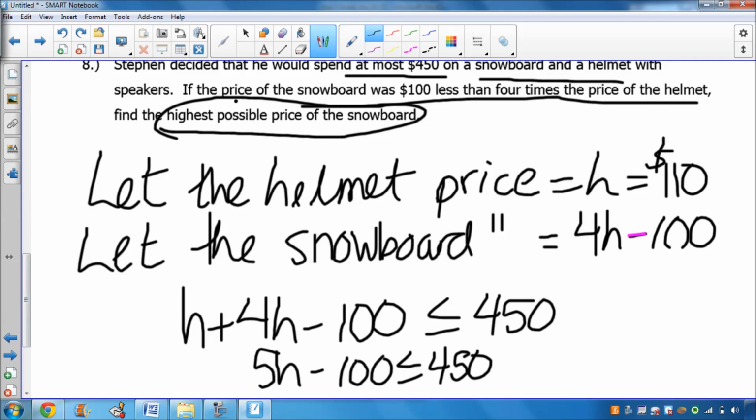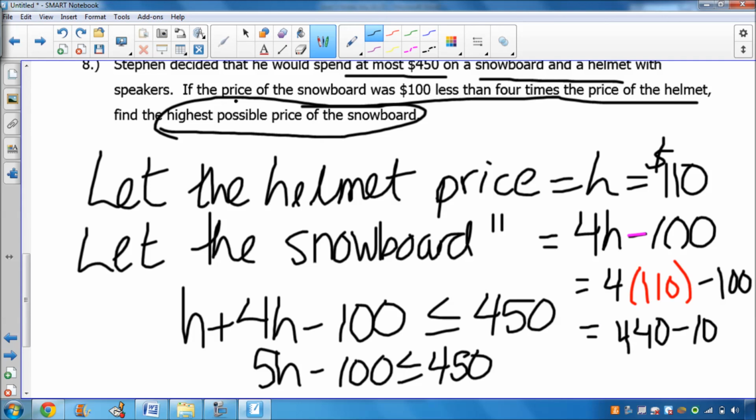Okay, so to figure out the price of the snowboard, I just plug in 110 in for h, right? Minus 100. So I get 440 minus 100, so I get 340.